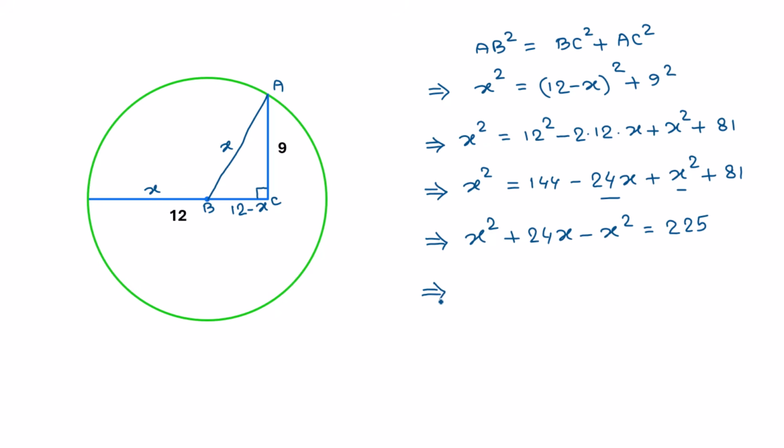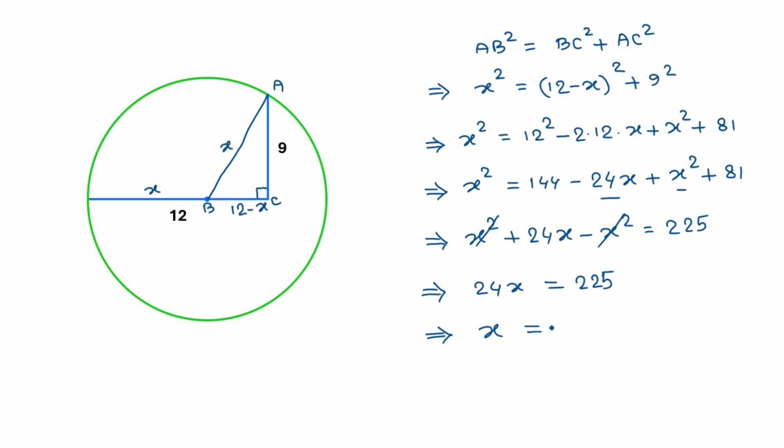So this x square and this x square will cancel out, and it will be 24x is equal to 225. Now divide both sides by 24, we will get the value of x.